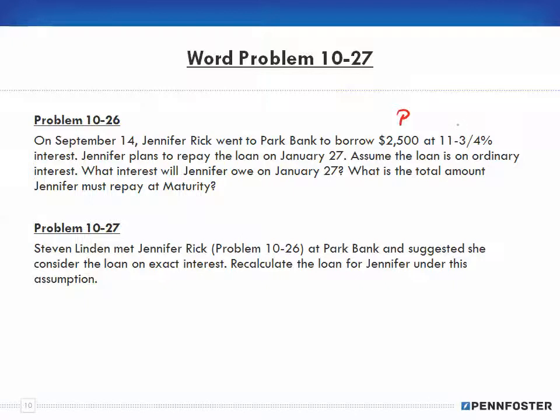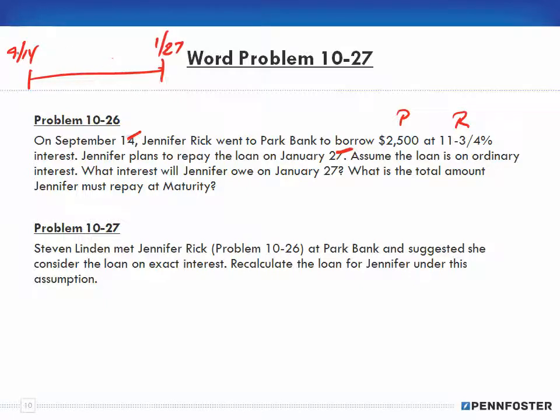That's the principal, at 11.75%. That's the rate. Jennifer plans to repay the loan on January 27th. So this is the beginning day and this is the ending day. If I draw a timeline, I have 9/14, and she's going to pay it off on 1/27.